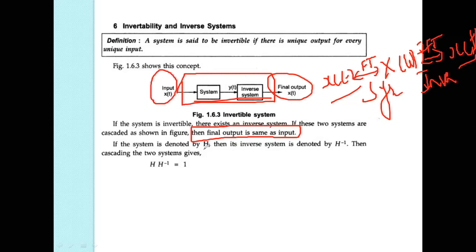If the system is denoted by H and its inverse system is denoted by H inverse, then cascading the two systems, H into H inverse, is equal to 1. Means the system is nothing but 1 only. X of t into 1 is x of t.